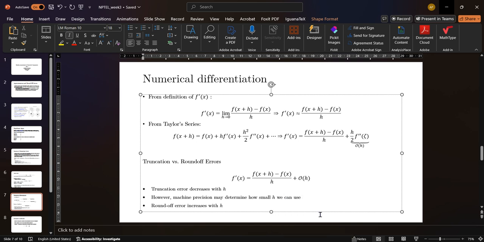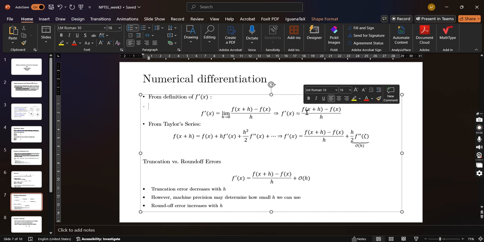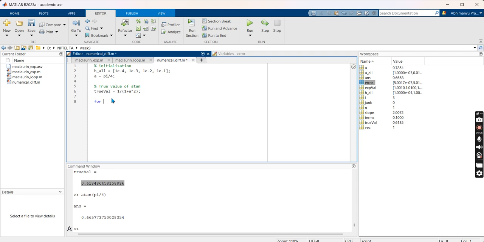Now what we need to do is write the function, so my f of x would be tan inverse, right? And then for different values of h, it will be similar to before.